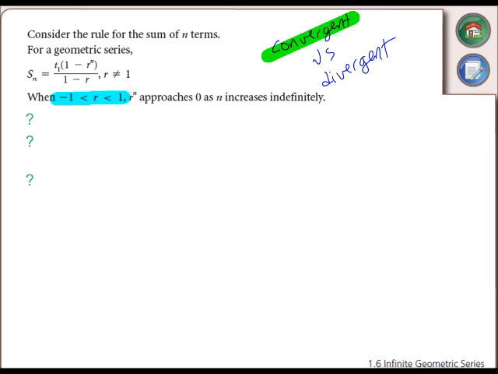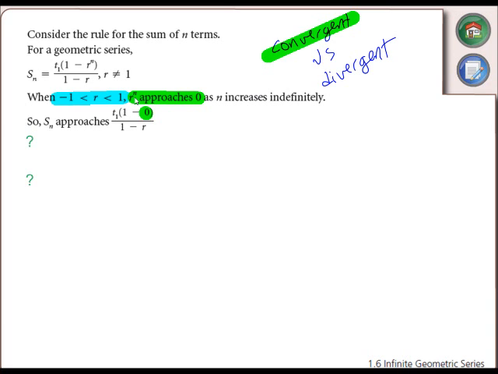In other words, we got to multiply by something that's going to bring the number closer to 0. So if it's bringing it closer to 0, that means it's bringing our r to the n into 0. Well, if that's going to 0, we got 1 minus 0.